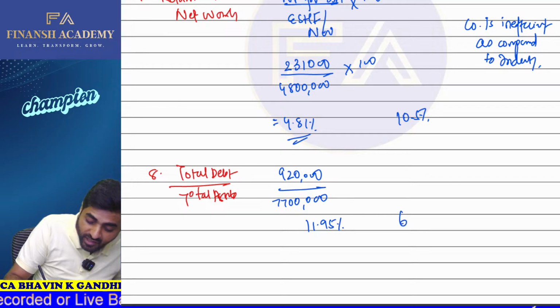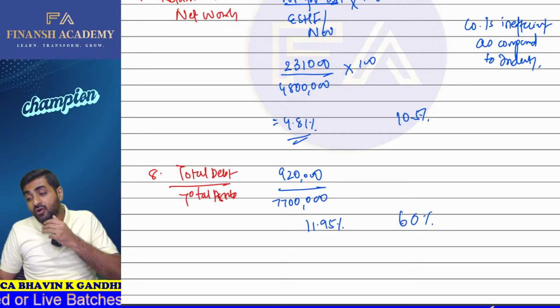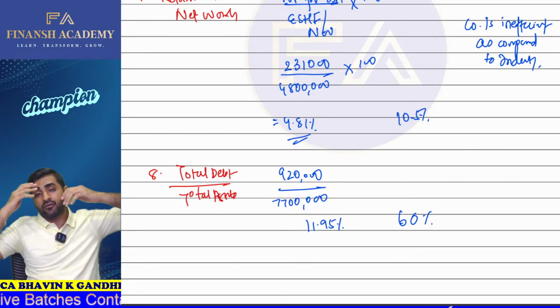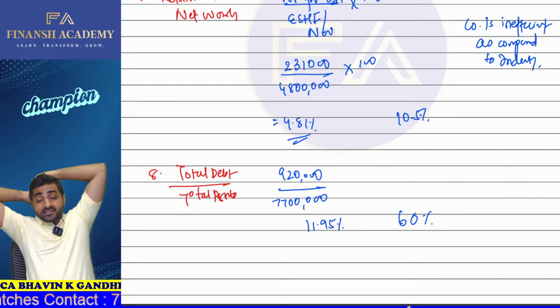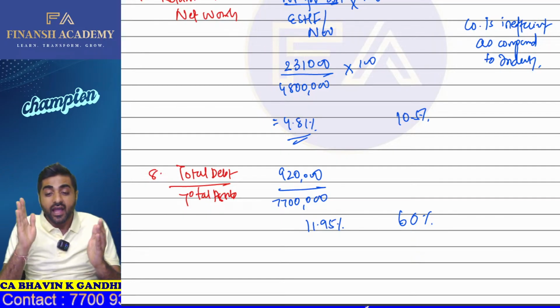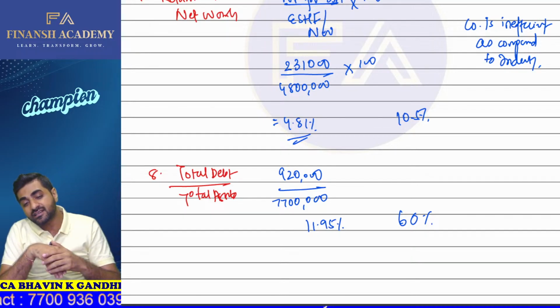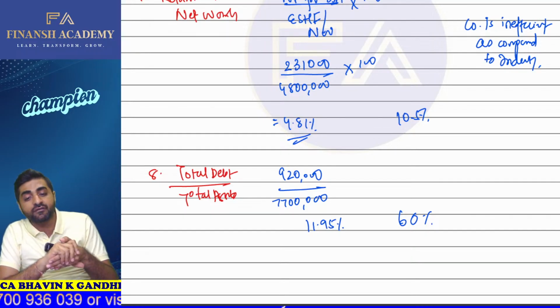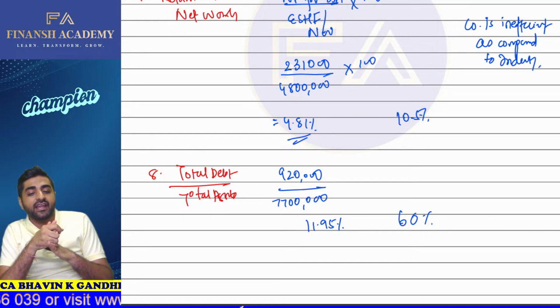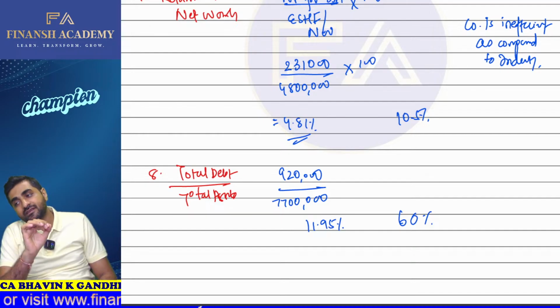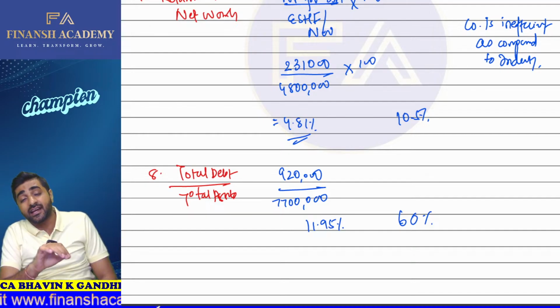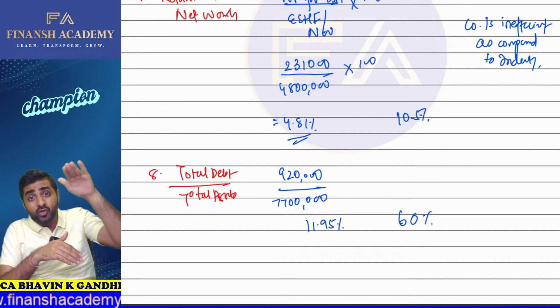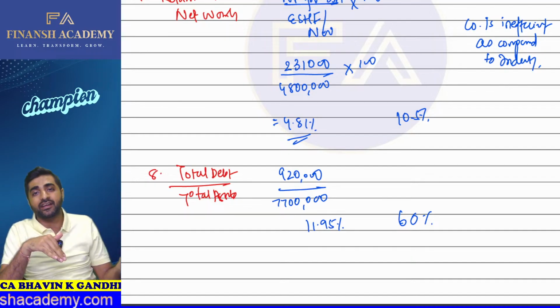Now, my dear students, here I would like to differ. Why? Because the industry standard tells you that for 100 rupees of assets, 60 rupees is debt. And here our calculation tells us that for 100 rupees of assets, we have a debt of only 11.95. I hope you are trying to understand that our company has a lower debt proportion as compared to the industry.